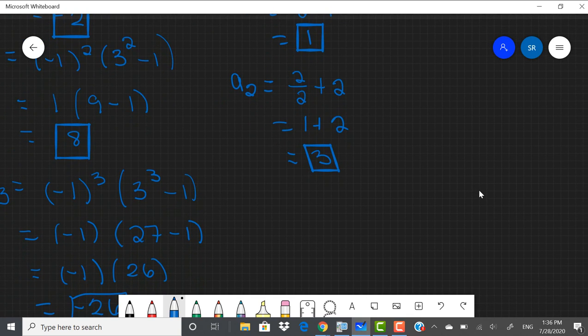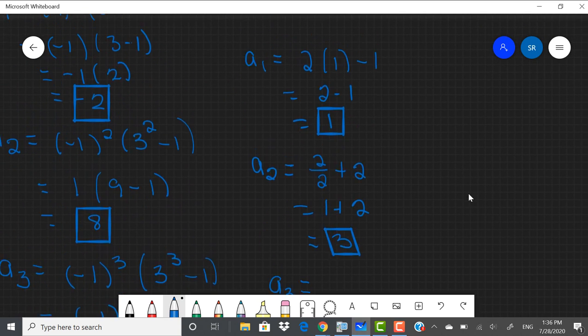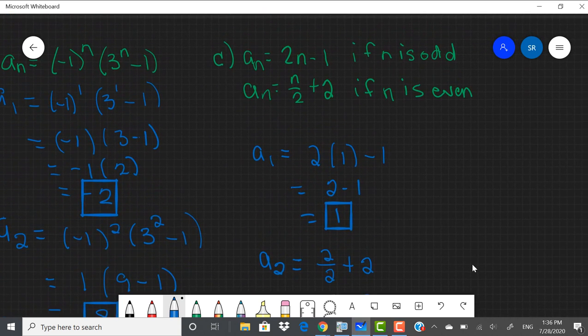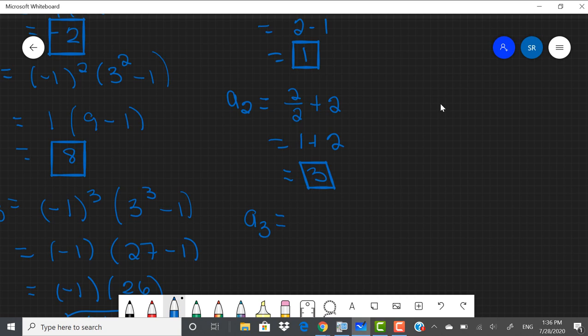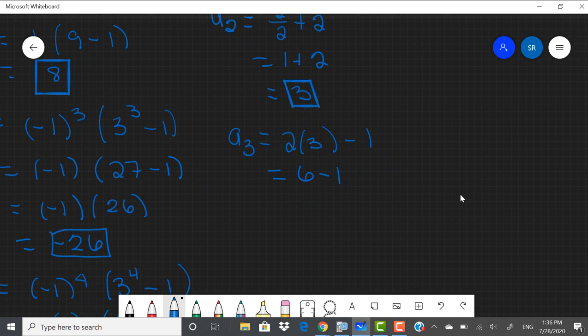Okay, my third term, I'm going to need to go back and use the first equation, 2n minus 1. So this is going to be 2 times 3 minus 1, or 6 minus 1, which is 5.